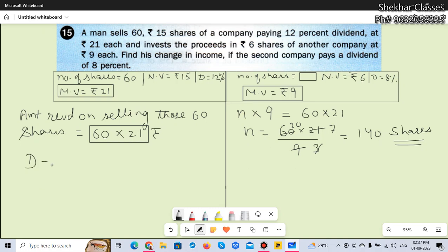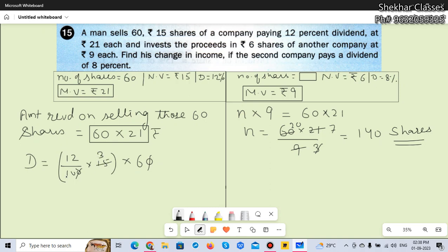So dividend here will be equal to how much? It's 12%. So 12% of the first share is how much? What is the price? The nominal price, 15 rupees. Now this is for one share, and into how many shares did he have? 60. So into 60 it will give you the total amount. If you solve it, 10 will get cancelled here. Now we can cancel, 3 5s are 15. 2 5s are 10, 2 6s are 12.